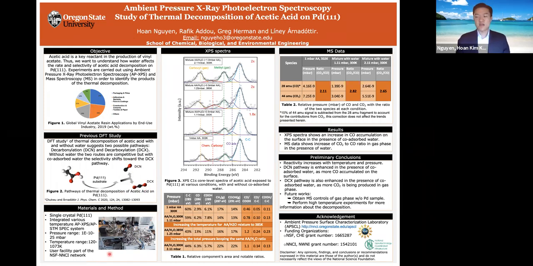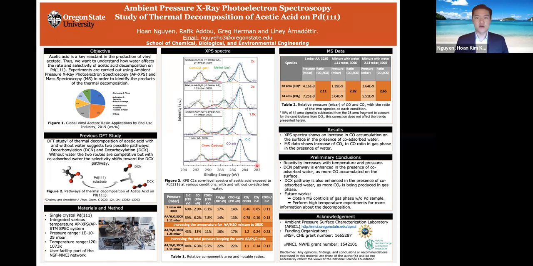palladium-111 using an integrated variable temperature AP-XPS in tandem with AP-STM and mass spec system. We were able to obtain 4 data sets from 4 different exposures of acetic acid on the palladium surface with and without co-adsorbed water to observe whether or not the presence of co-adsorbed water changed the reaction pathway.